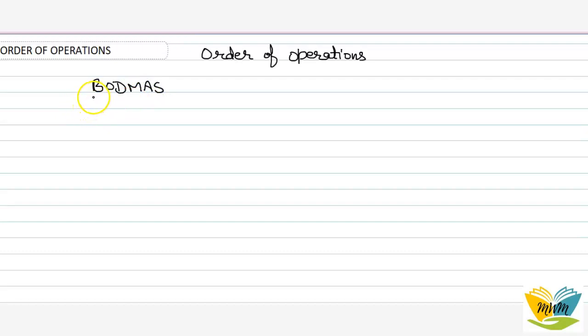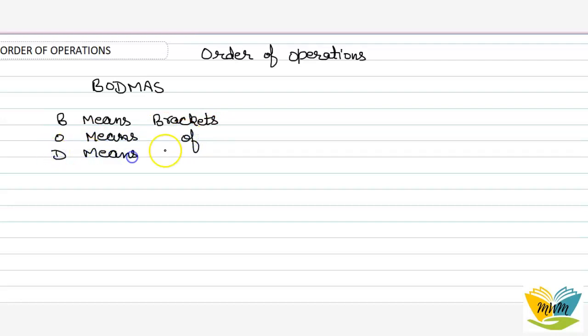The word BODMAS means here B stands for brackets. O means of. D means division.